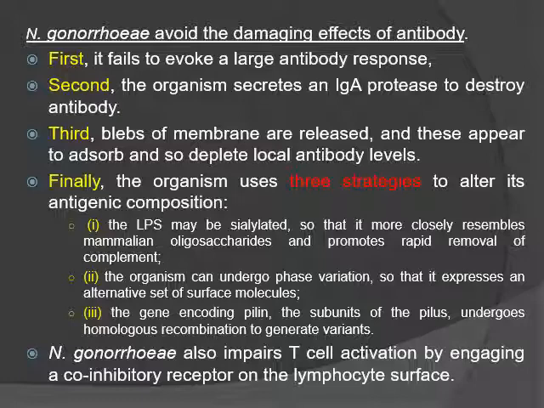These appear to absorb and so deplete local antibody levels. This organism can use three strategies to alter its antigenic composition, so that it can evade the humoral immune response.